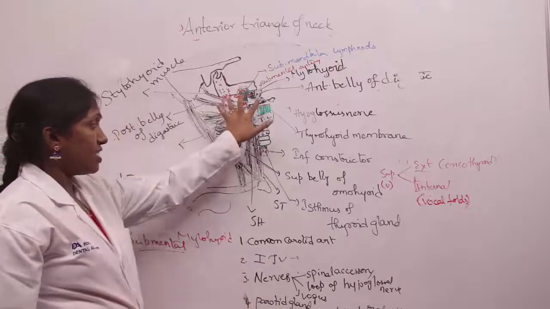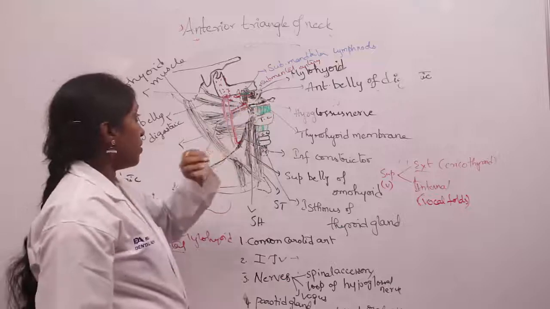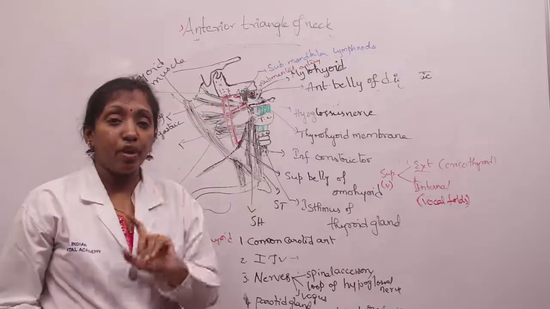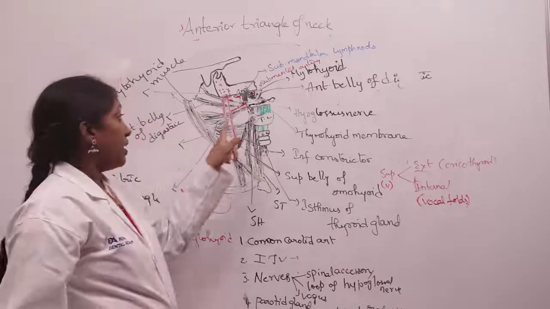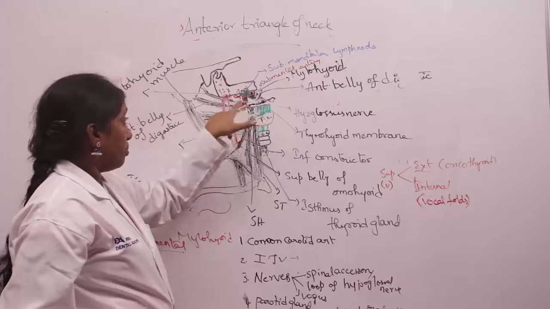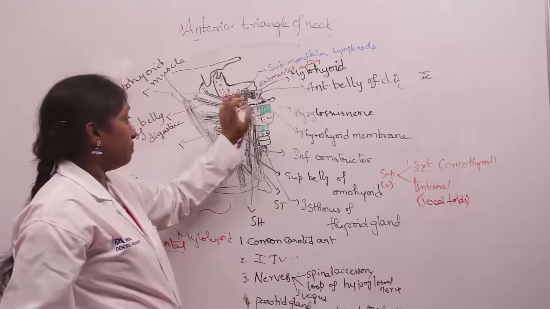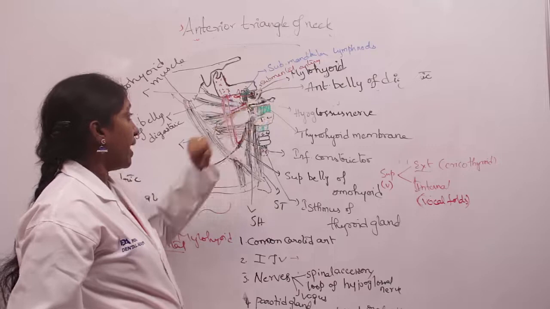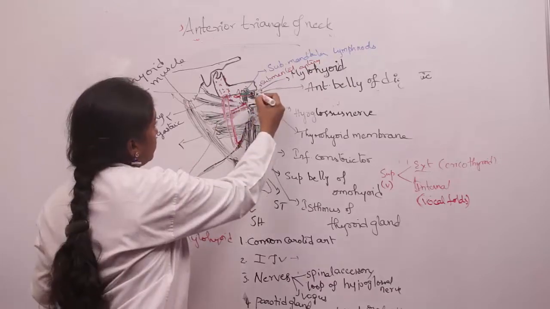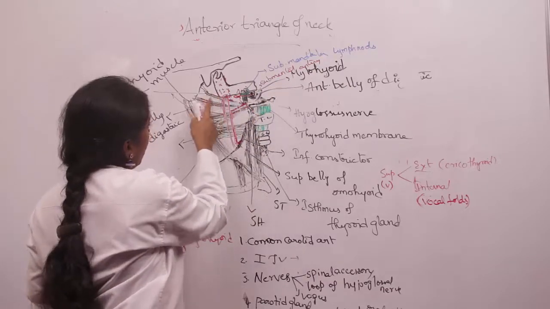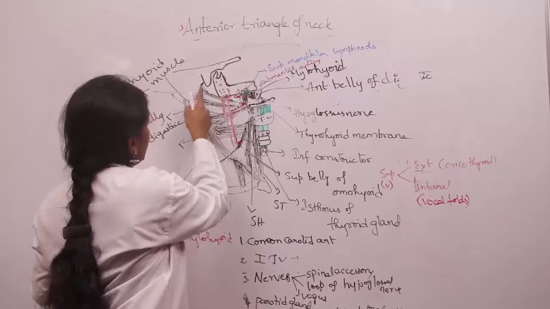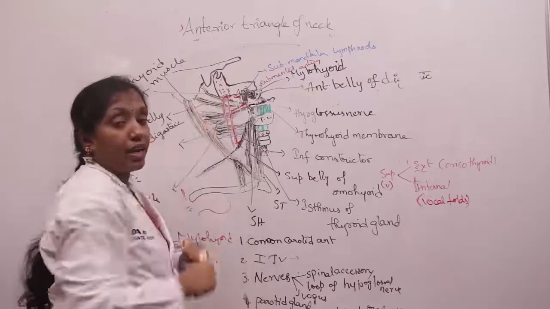So coming to the digastric triangle once again, at the base it is formed by the lower border of the mandible, below and in front by the anterior belly of digastric, and below and behind by the stylohyoid muscle and posterior belly of digastric.